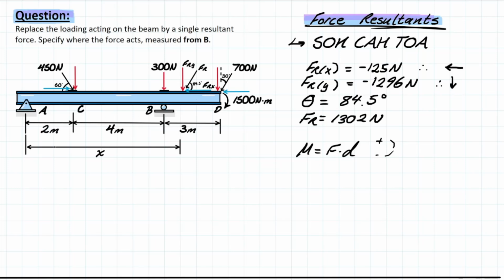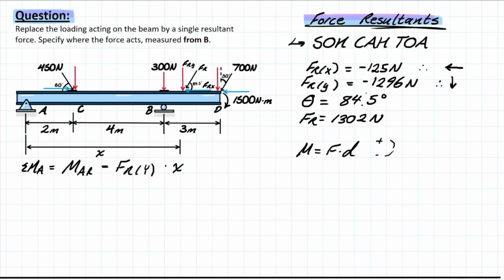And we can go right ahead and say that if our summation of moment about A is equal to the resultant moment at A, that resultant moment has to be equal to the resultant force Y times the distance away from A, which is currently labeled as x.